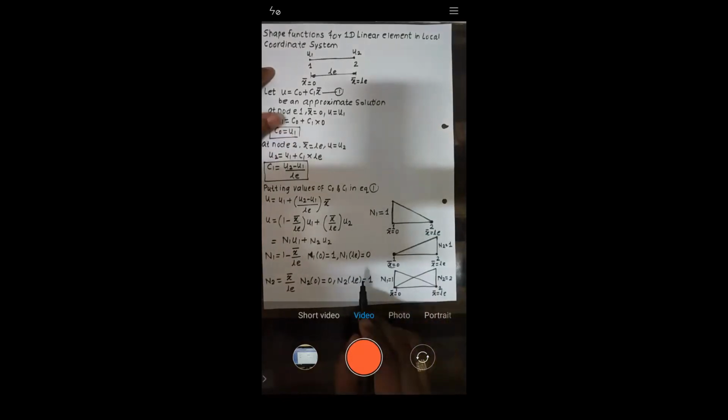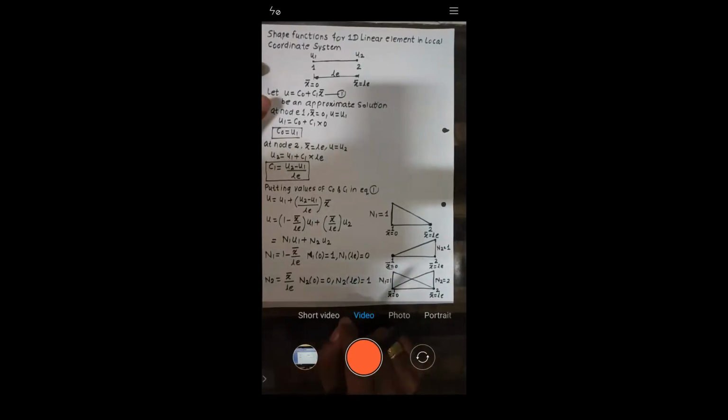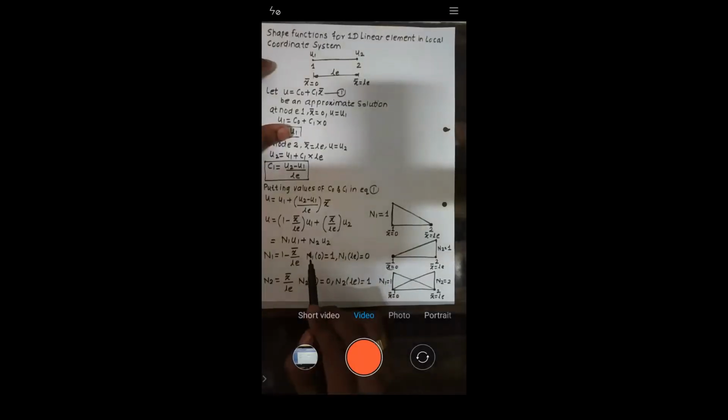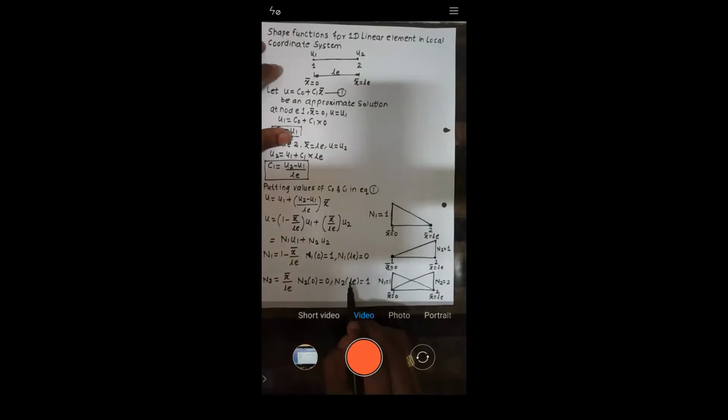Shape function N1 is defined for node 1. So at node 1, the value of the shape function is equal to 1, and for all other nodes, it is 0.